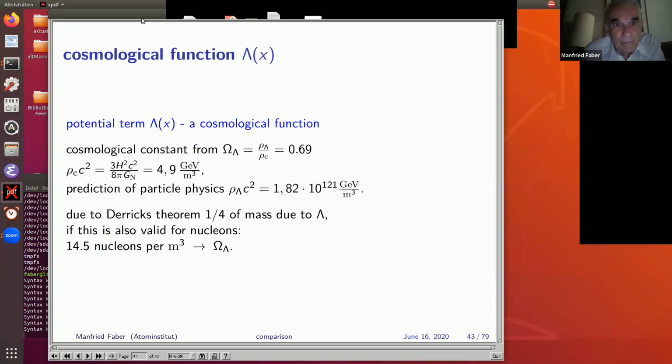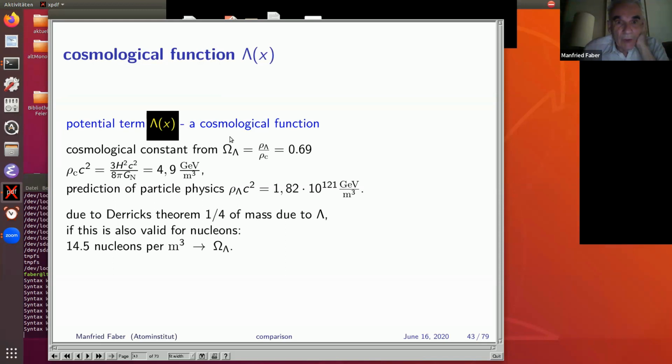Another point which interests cosmology is the cosmological function. This is dark energy. So I have a potential energy term, lambda. And this is, so to say, a cosmological function, not a cosmological constant, but a cosmological function. So lambda of x depends on the position in space compared to the solitons. In the interior of solitons, lambda is positive, and in the vacuum, it's 0.